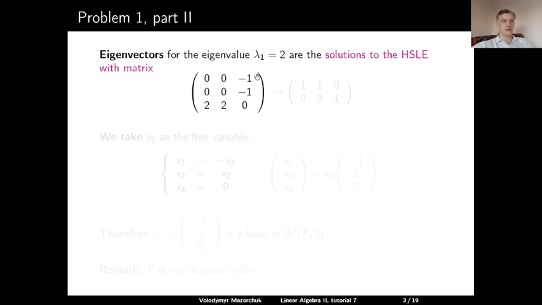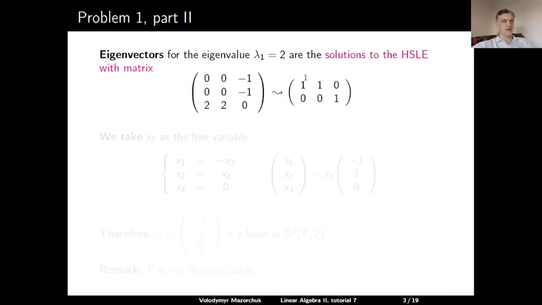So we get the matrix 0, 0, -1, 0, 0, -1, 2, 2, 0. Here the first two rows are the same, so we can delete one of them. We multiply the next one by -1 to get 0, 0, 1, and the last row we can divide by 2. So we get the matrix 1, 1, 0, 0, 0, 1.